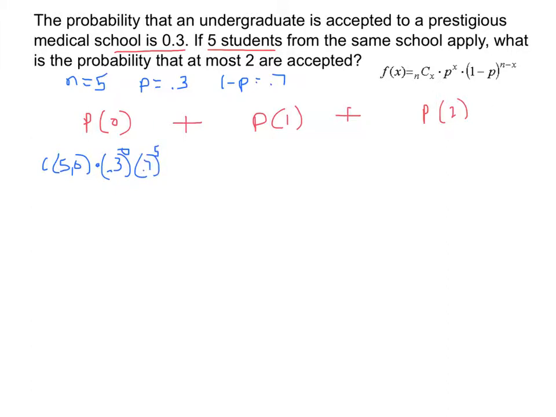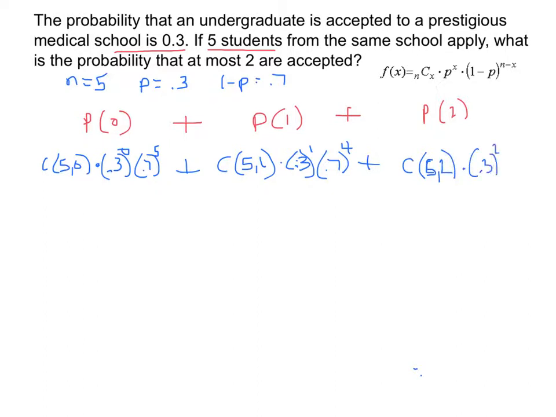For the next one, to set it up, we have C of 5, 1, 5 choose 1, times 0.3 to the 1, times 0.7 to the 4. And for the last one, let me put these pluses in here. For the last one, we have C of 5, 2 times 0.3 to the 2 times 0.7 to the 3. 5 minus 2 is 3.